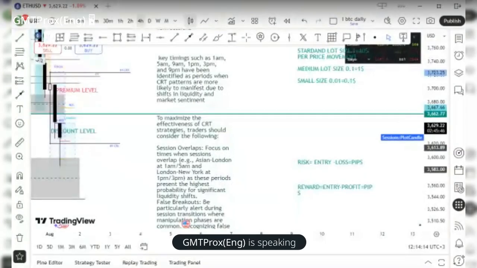Wait for the candle. After the liquidity grab, wait for a subsequent candle to close above the range's high or signal a market structure shift, for instance confirming the accumulation to manipulation transition. This confirmation validates the bullish bias and indicates an impending upward move.